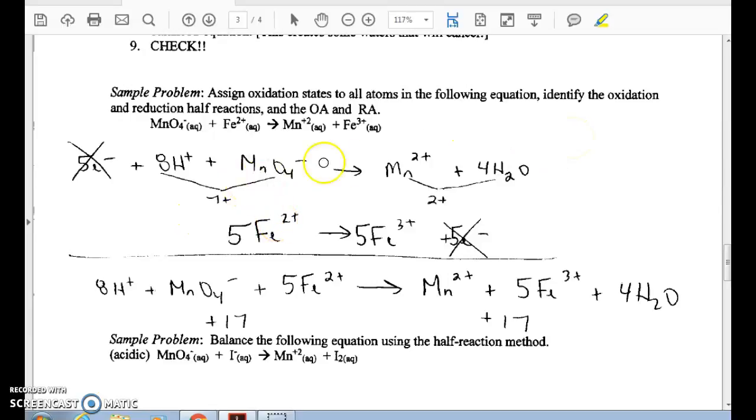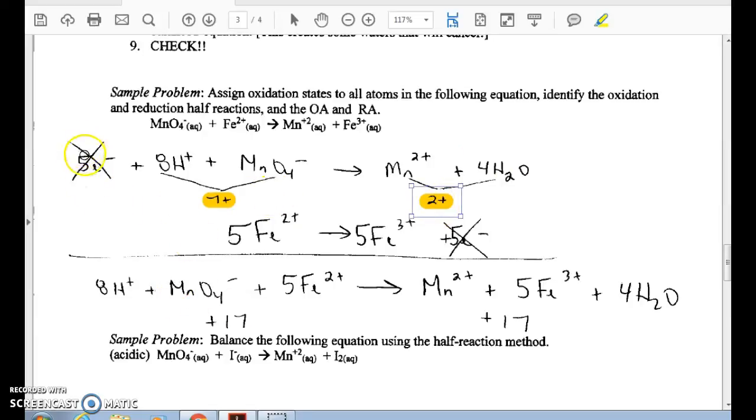Finally, I add electrons to bring the overall charge down to equal the charge of the smaller charge. So you can see in this case we have 8 H pluses plus permanganate, which is -1, for an overall charge of 7+ on the reactant side. And we have 2+ manganese and neutral water for an overall charge of 2+ on the product side.